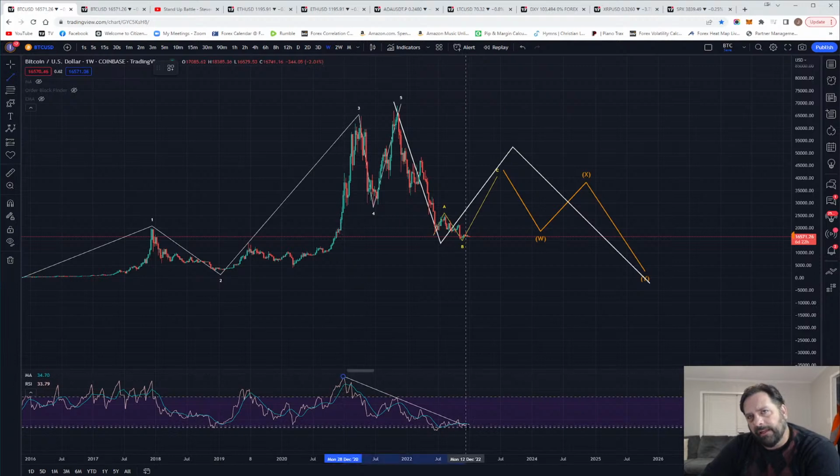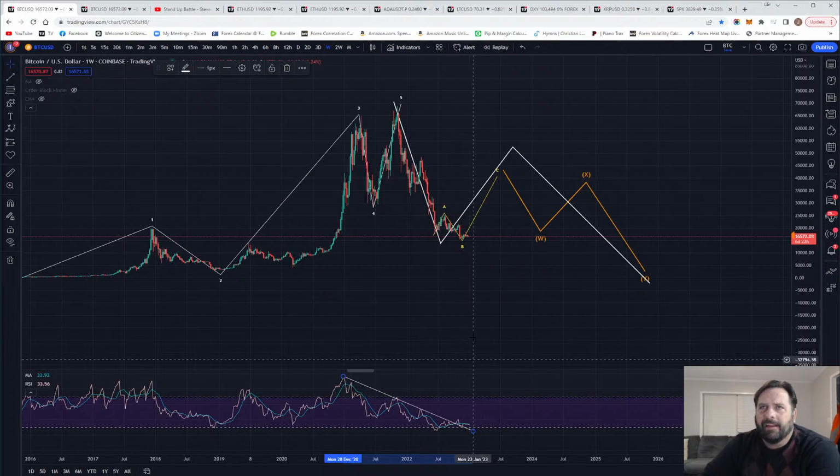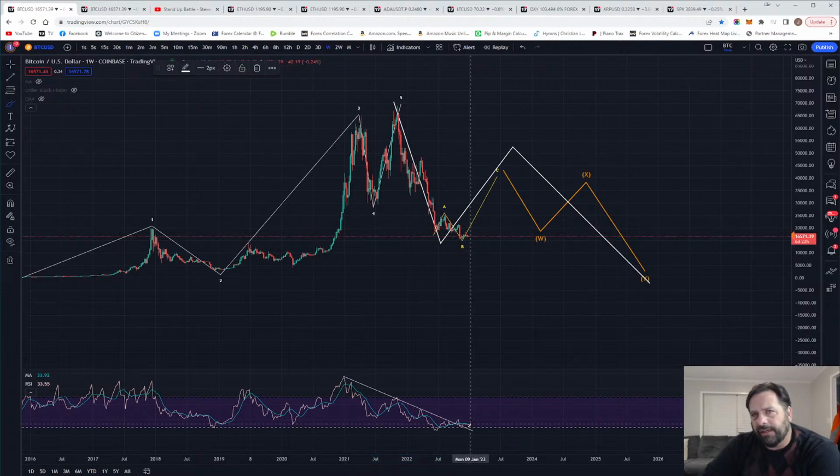If you look at the weekly here, you can see how we've broken out of this trend to the upside. We've retested, and we're waiting for the next move. We could retest again slightly on the weekly, but we're waiting for the next move to start for this weekly to start turning to the upside.